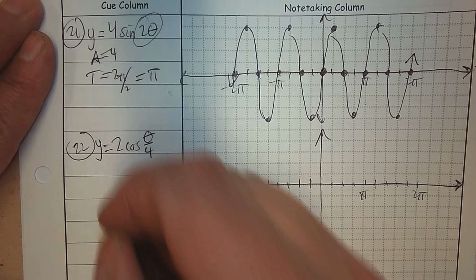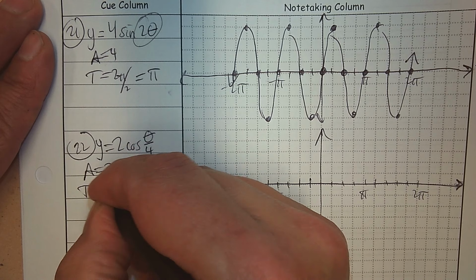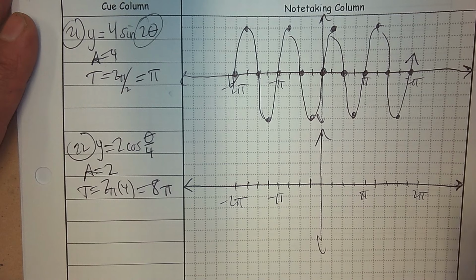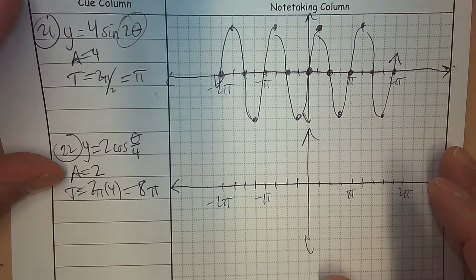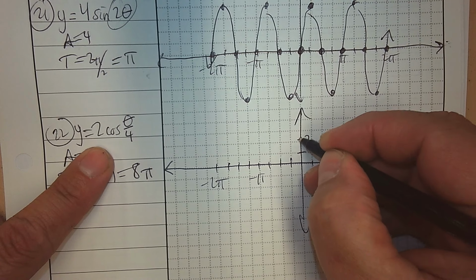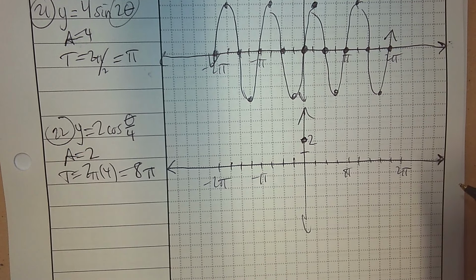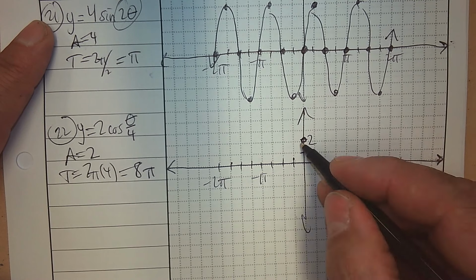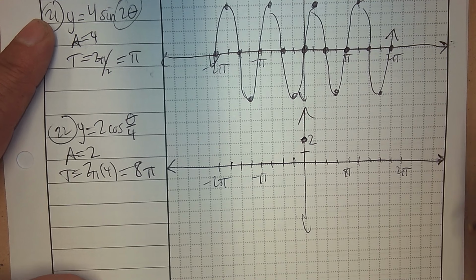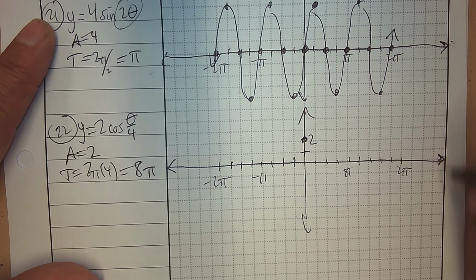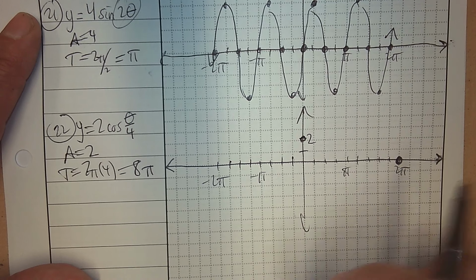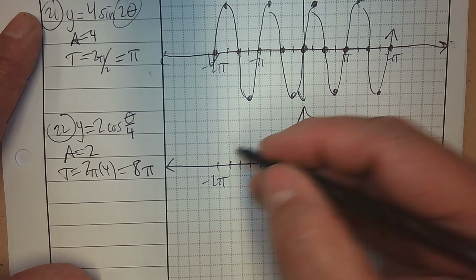So this one, the amplitude is 2, and the period would be 2 pi, but we're going to go times 4. It's 8 pi. It's a very long time to complete one cycle. The cosine starts at the top of the wave, unless it's negative, and then it would start at the bottom. So I'm going to start at positive 2. There's no way I can get to 8. In fact, half of 8 is 4, and I still can't even get to 4. So half of that is 2 pi, and that's going to be the middle of my wave.